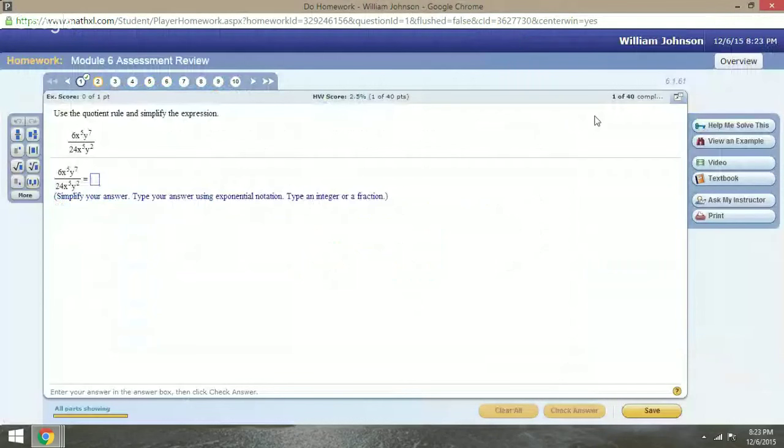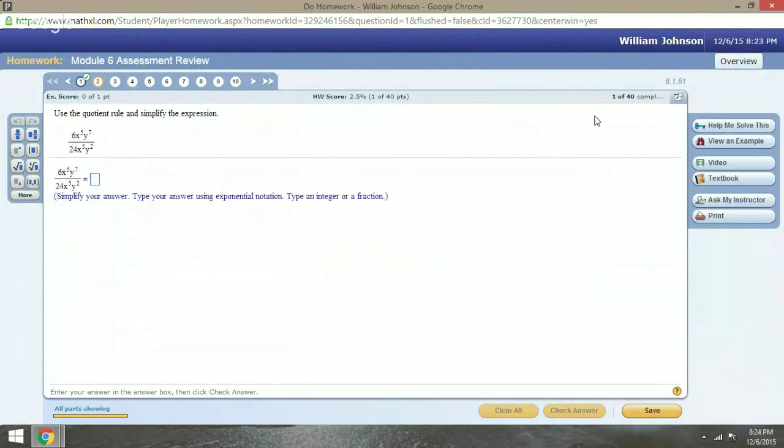So what's going to happen here is that the quotient rule basically is that when you're dividing exponents, they subtract. The powers subtract. So 6 over 24, since 6 goes into 24 4 times, is going to equal 1 over 4. The x to the 5's cancel. x to the 5 divided by x to the 5 is x to the 0, or 1.